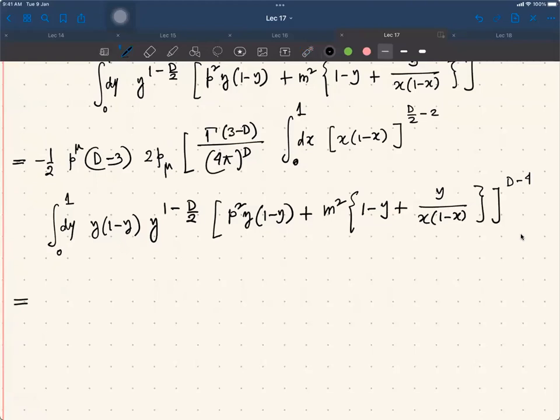So this p mu gives p square, and this 2 and the half will cancel. So it is 3 minus d.